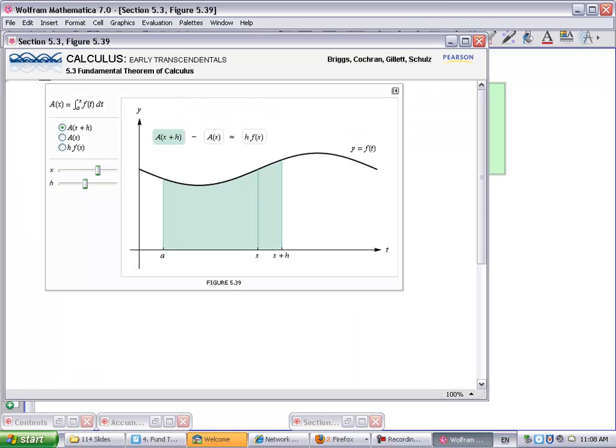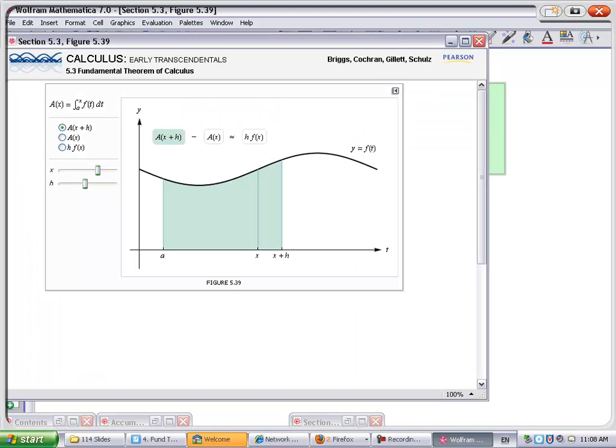All right, so this picture is showing us that in general, we'd be looking at the area from A up to X. This is the area function evaluated at X. And we're going to compare that with the area function evaluated at X plus H. So what's the difference between those?